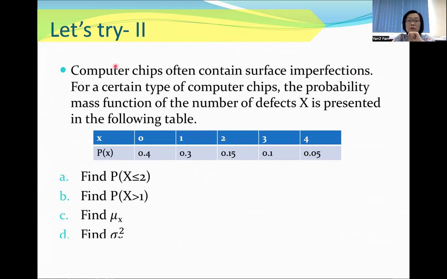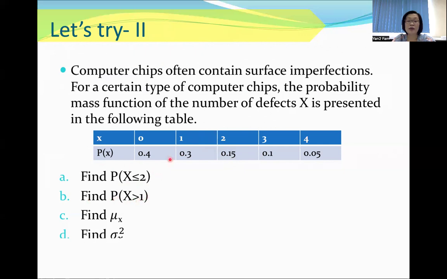Okay, this is another one for you to try. So computer chips, you can read about that, but based on the table, I roughly know I need to find the mean first, and then I would like to know P smaller or equals to 2. Smaller or equals to 2 means from this part. Right, I can write P(x equals to 2) plus P(x equals to 1) plus P(x equals to 0) and add them. So find the probability bigger than 1. Okay, that's very simple.